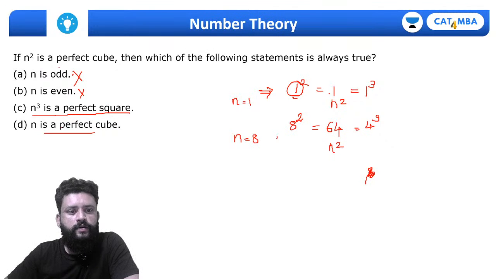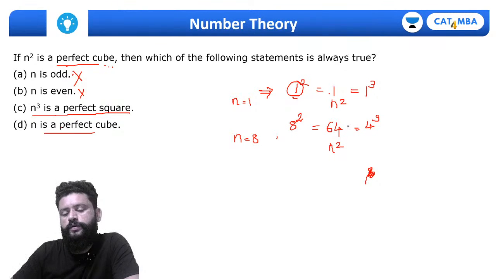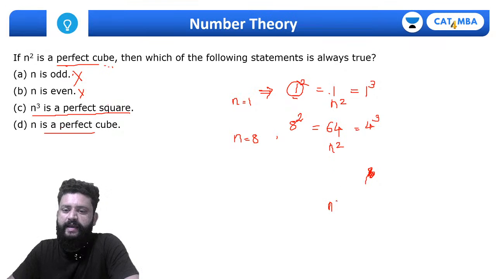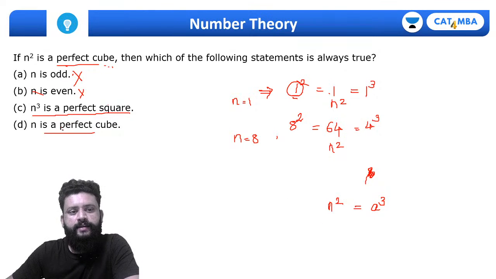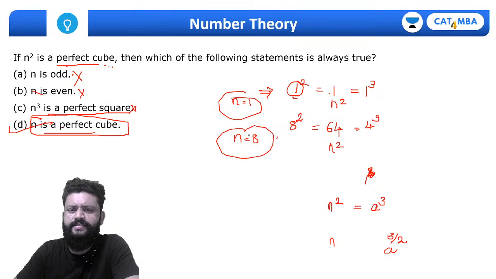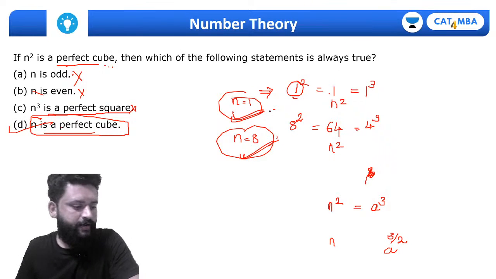Then if n square is a cube of something, then n cube has to be 3/2. Then this is not true, so I'll go for this. N is a perfect cube. If you go for any such number, that number has to be a perfect cube. That's the simple thing you can conclude here.